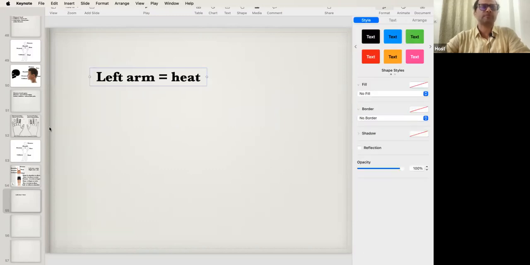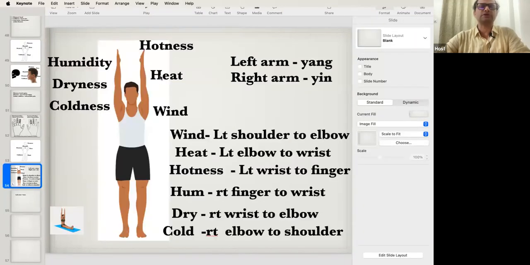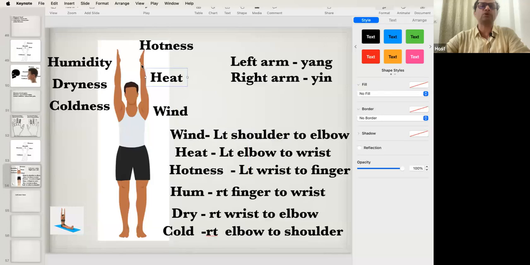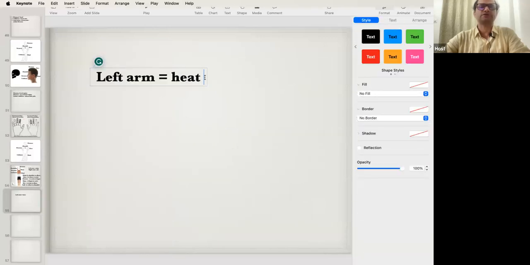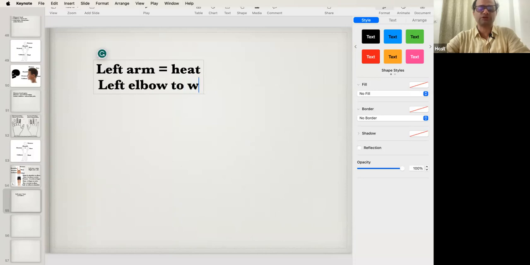Okay, done. Now my target is the left elbow to wrist area. Got it? So that will be, again, heat. Okay, now I will do the treatment.